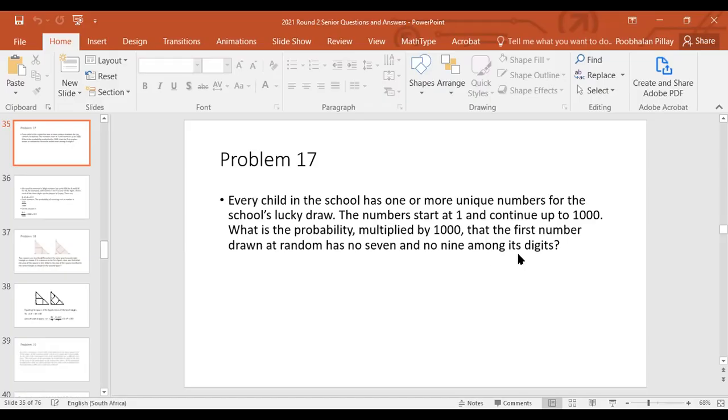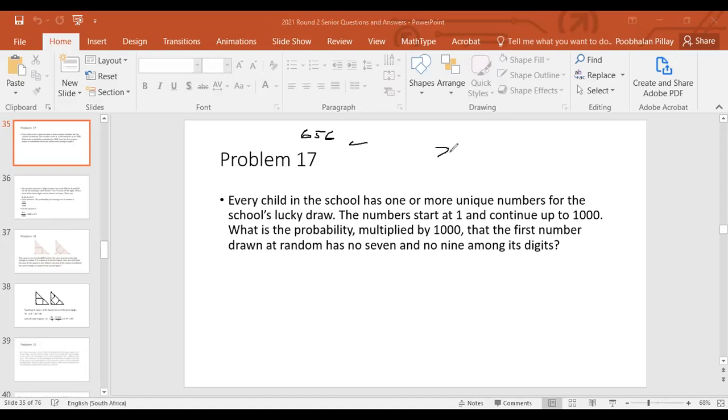All right, so let's just analyze what the question says. The question says that you are drawing any one of these 1,000 cards, and you can pick up a number like 656. Okay, it has neither 7 nor a 9, so that's allowed.